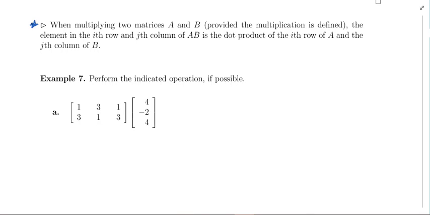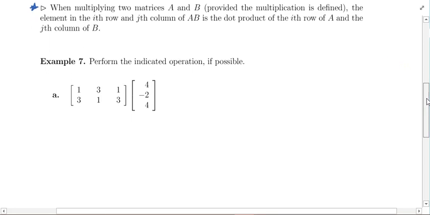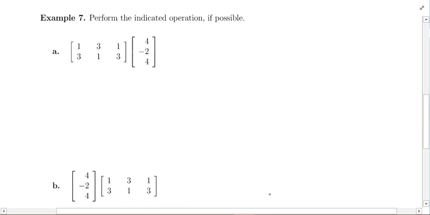When multiplying two matrices A and B, provided the multiplication is defined, the element in the ith row and jth column of A times B is the dot product of the ith row of A and the jth column of B. So that's very, very mathy. That's the rule. I'm going to translate all of this for you so you can see how this works. All right, let's start doing matrix multiplication.